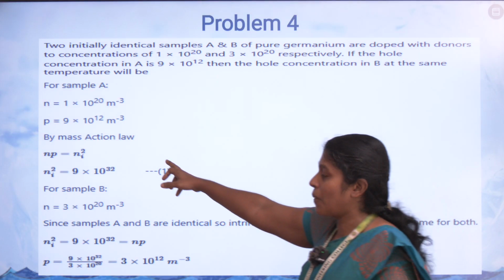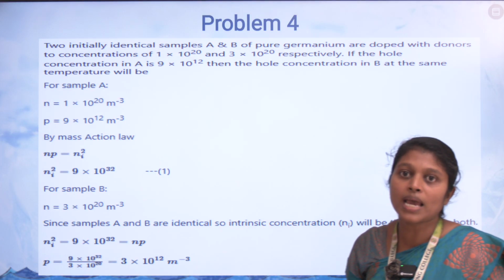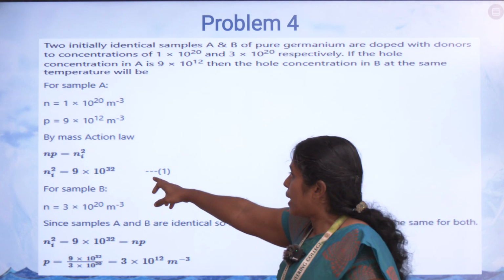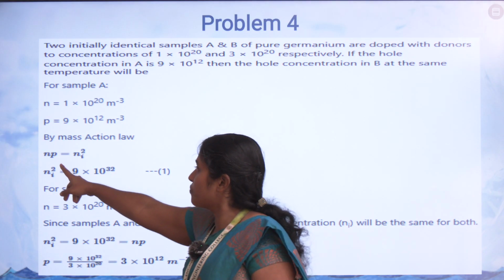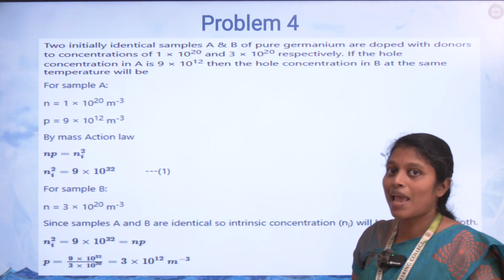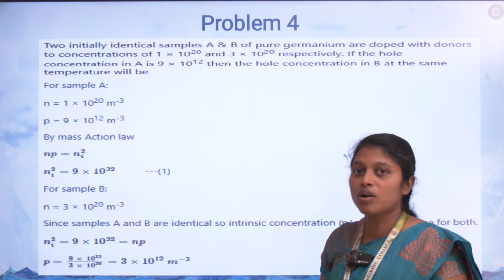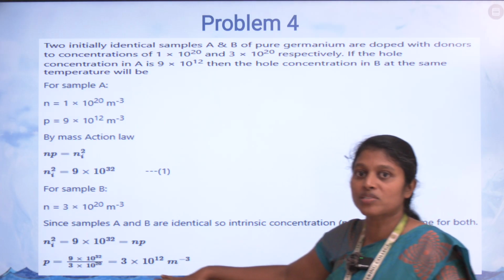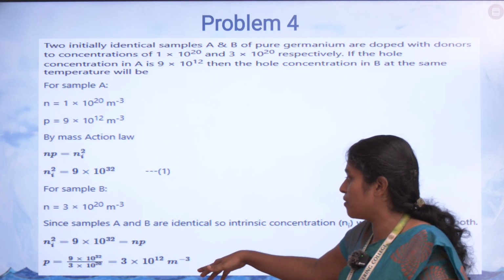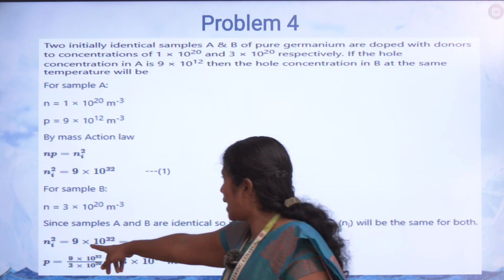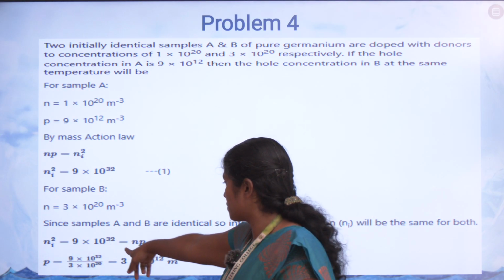So first we know the mass action formula, that is given by Ni square equal to N into P. Based on that formula, when we find the product of electrons and holes, we will get the Ni square value. This Ni square, that is the intrinsic concentration value, can be substituted for sample B to find the value of holes. So see here, the Ni square is found to be 9 into 10 to power 32.